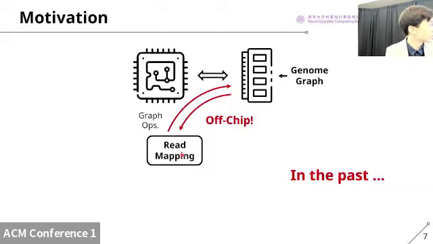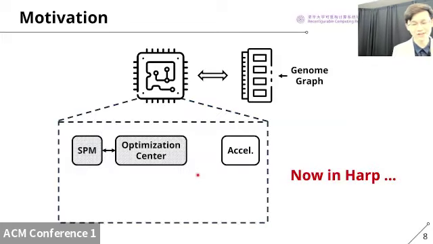So here's our motivation. In the past, read mapping accelerators needed to go off chip to the DRAM to access the genome graph whenever there were graph operations. But now in Harp, we want to build something called an optimization center and some on-chip SRAMs.